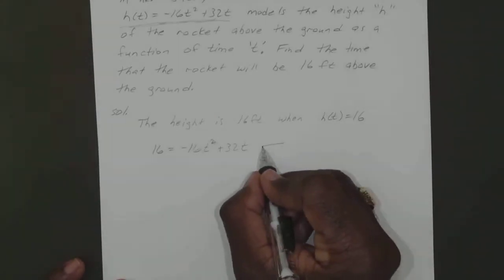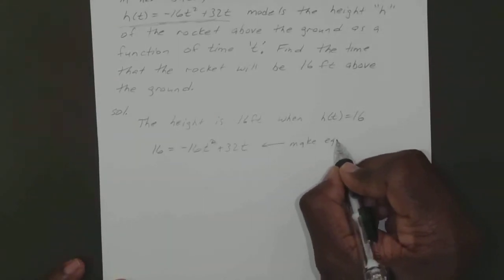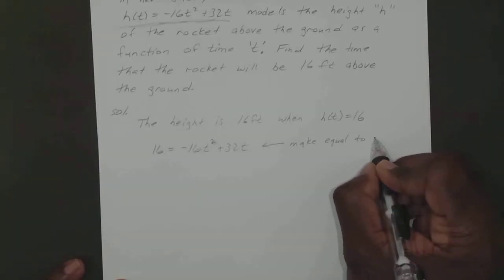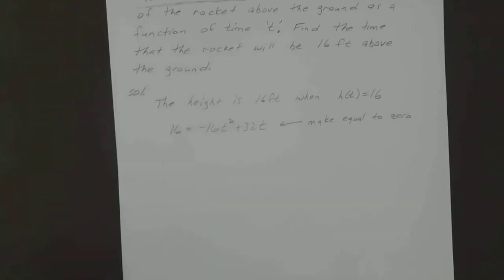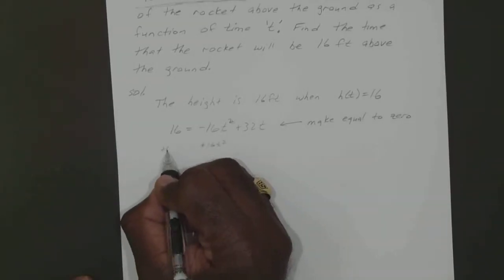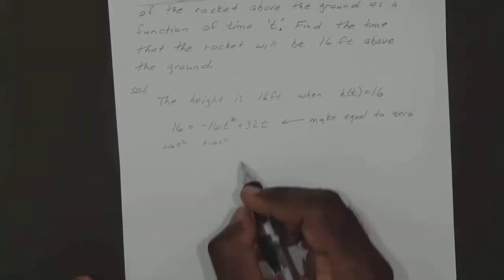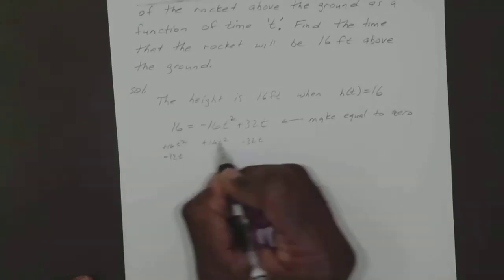Okay. So now we want to get everything to one side and make it equal to 0. We can go ahead and add 16t squared to both sides, and we can subtract 32t from both sides.